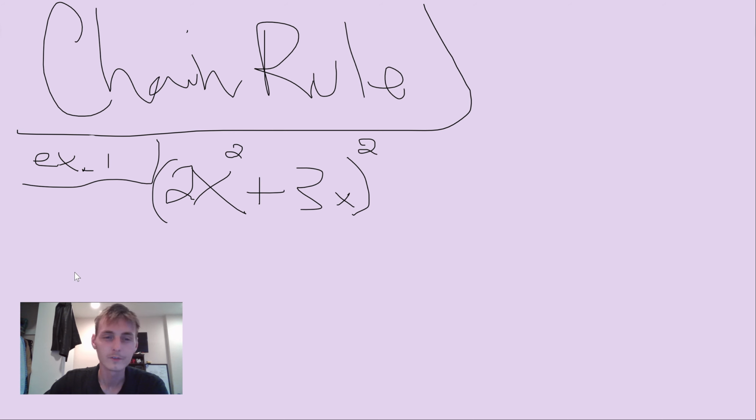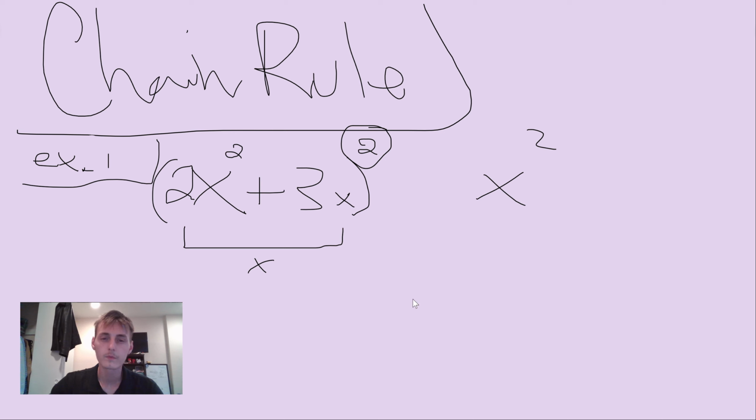Let's get started. First, we need to take the derivative of the outside. So the outside equation here is x squared. Here's our x squared. See that in blue, royal blue.